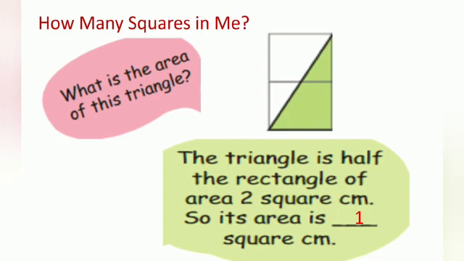The triangle is half the rectangle of area 2 square centimeter. So the area of the triangle will be 1 square centimeter, that is half of 2 square centimeter.